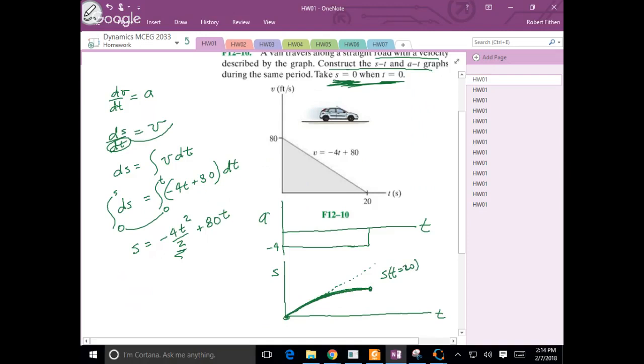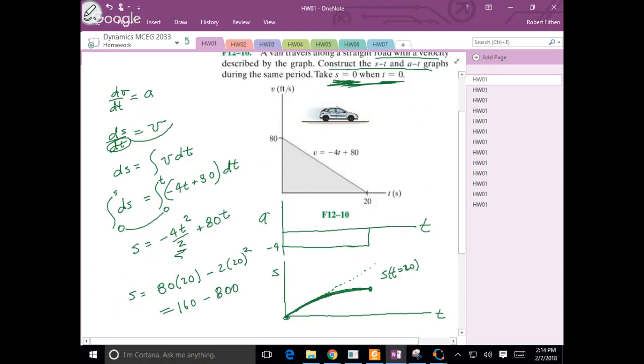Now, there's two ways you could do it. S is equal to 80 times 20 minus 2 times 20 squared, which would be 1600 minus 2 times 400, so that's 800.